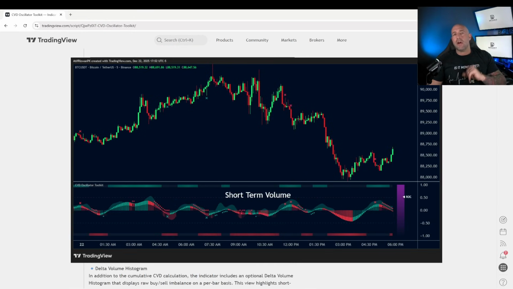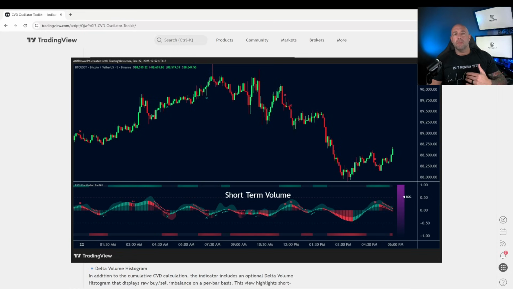So how is it calculated? Each candle's volume is first evaluated based on price behavior to determine whether it is buy weighted or sell weighted. That signed volume is then processed in one of two ways, depending on the selected volume calculation mode. In long-term mode, delta volume is accumulated continuously to reflect a broader market pressure over time.